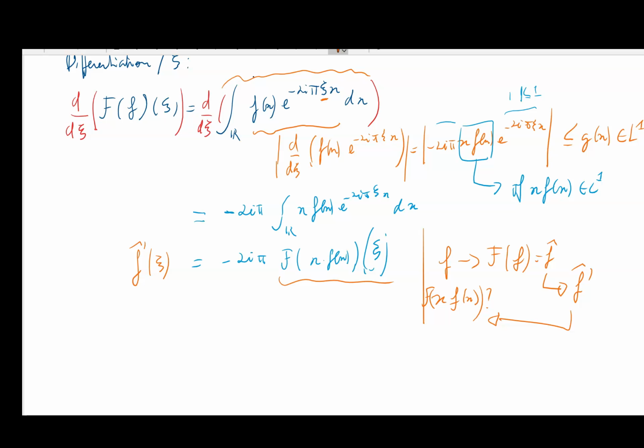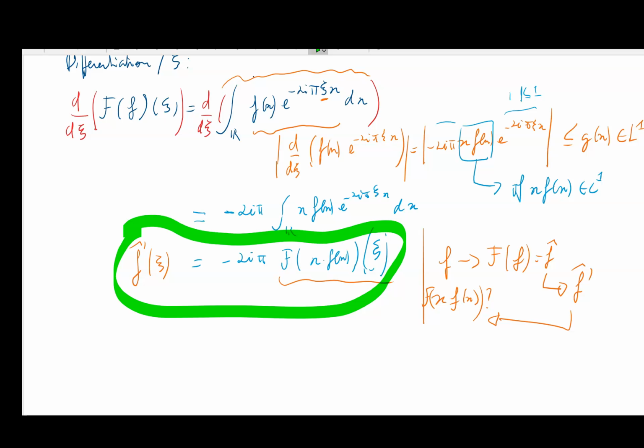So don't forget that those equalities have two sides. You might want the derivative of the Fourier transform, or you might want to compute the Fourier transform of x f of x.